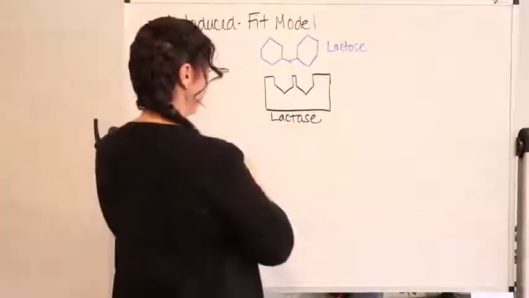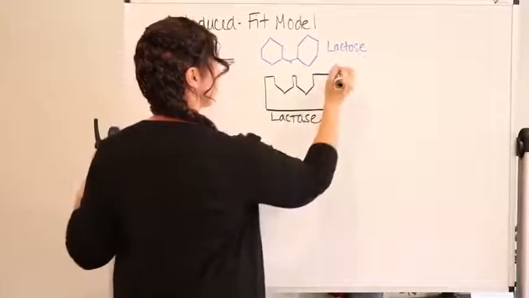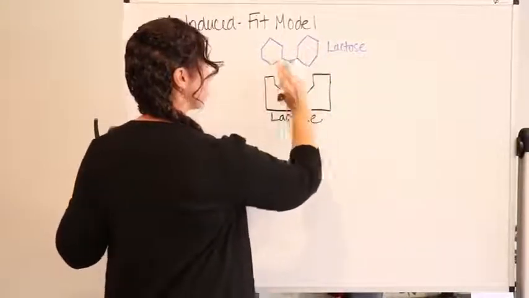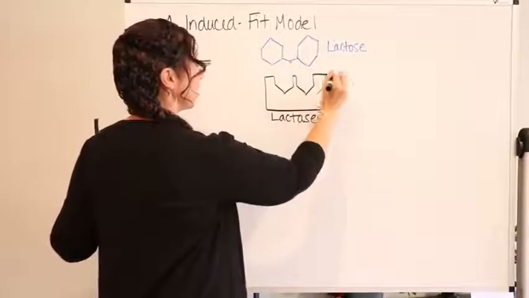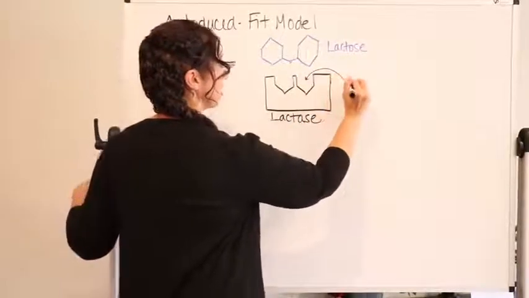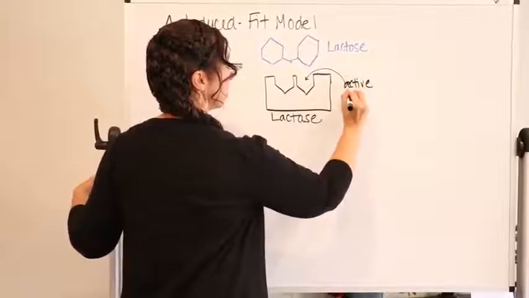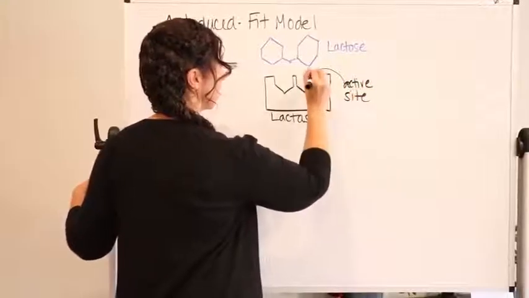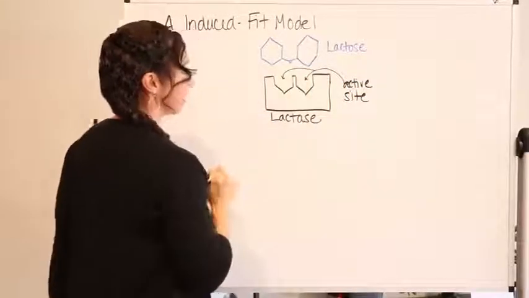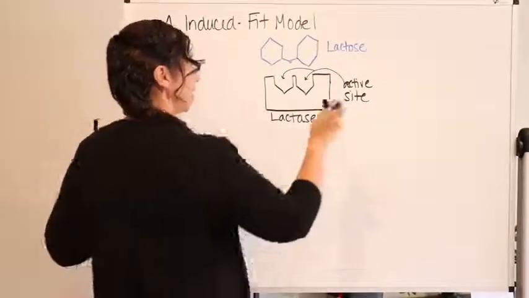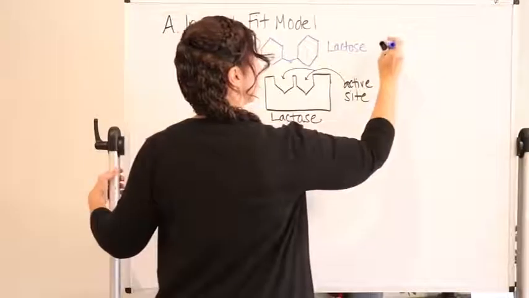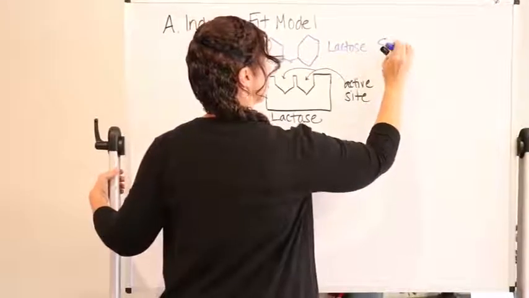So the space where the substance that we want to put into the enzyme fits, this spot right here, is called the active site. And I guess that one would also be the active site as well. The thing going into the active site, this is called the substrate.